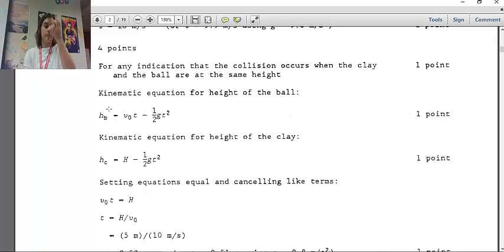For the clay, it has no initial velocity, but it has initial height, and it's accelerating downward. And we've already used up as positive in the first equation, so that's why we have our initial height minus 1/2 g t squared. So because the height of the ball and the height of the clay are going to be the same at the time of collision, you can set the two equations equal to each other and solve for t.